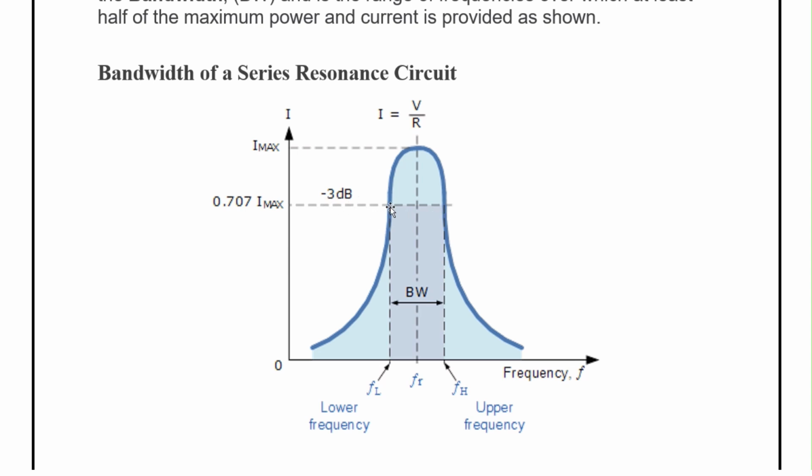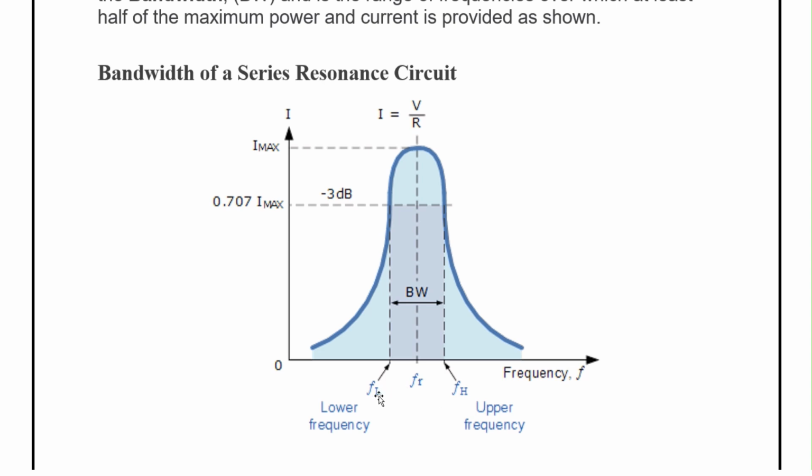And the frequency corresponding to this 0.707 max value, on either side of this resonant frequency, is called bandwidth. So on the left side you have FL, the lower side of the frequency, and FH is the higher side of the frequency, which is greater than FR.